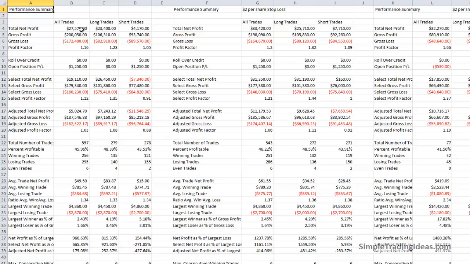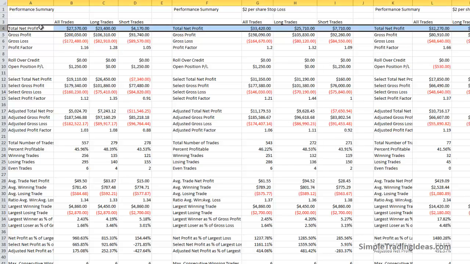We are inside of the spreadsheet, and here's our very first system. This is our profit here, net profit, profit factor. Okay, and we go down here and we see some important things. Let's take a look at total net profit. That's with no stop.